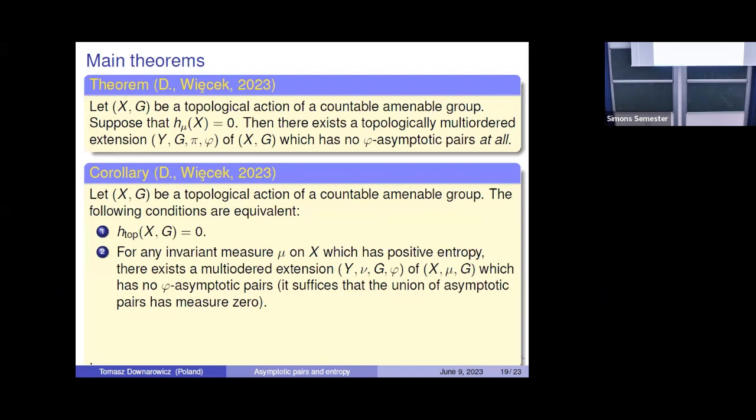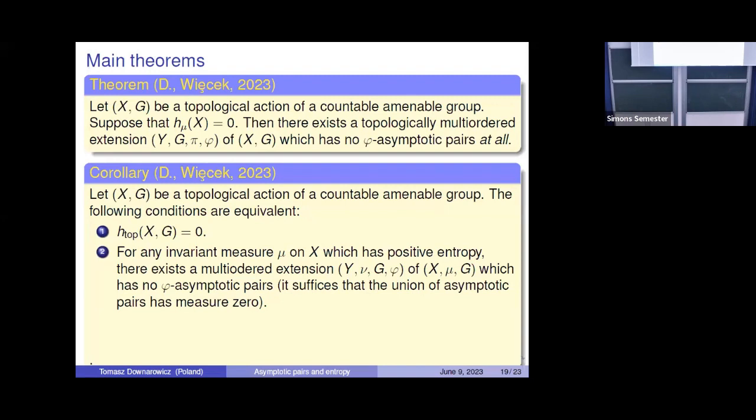Okay, sorry. The topological entropy is 0 for any invariant measure which has positive entropy. This is nonsense. Sorry, forget about it. Cross it out. For any invariant measure mu on X, every measure has 0 entropy in this case. So there exists a multi-ordered extension which has no phi asymptotic pairs.